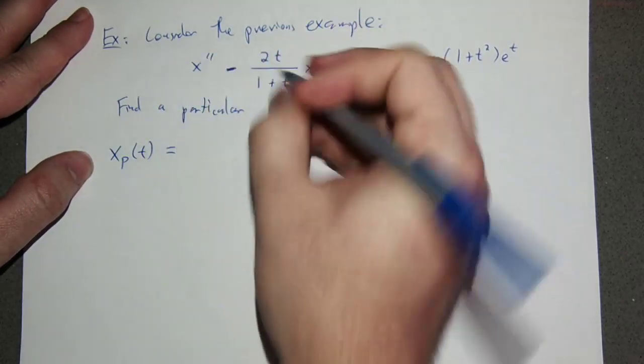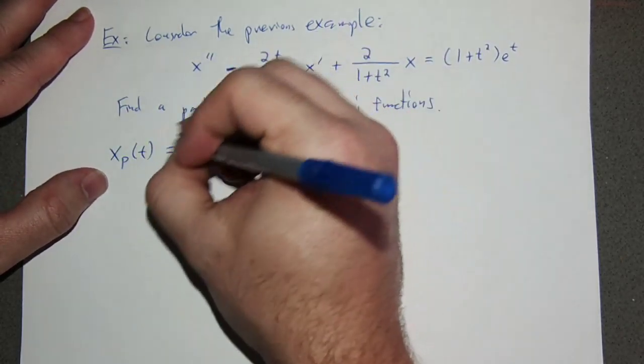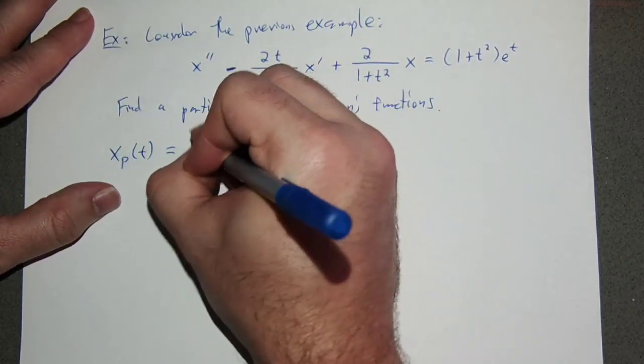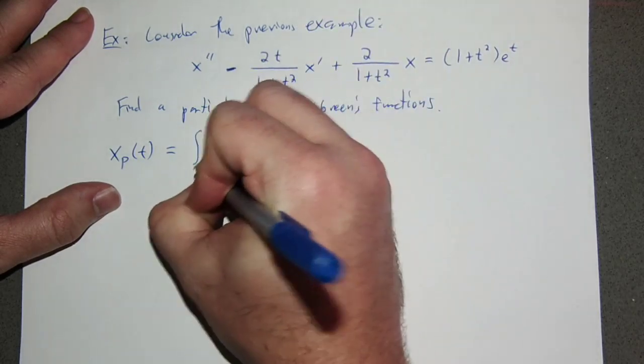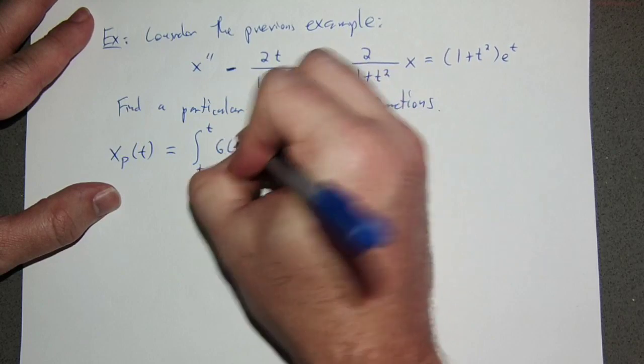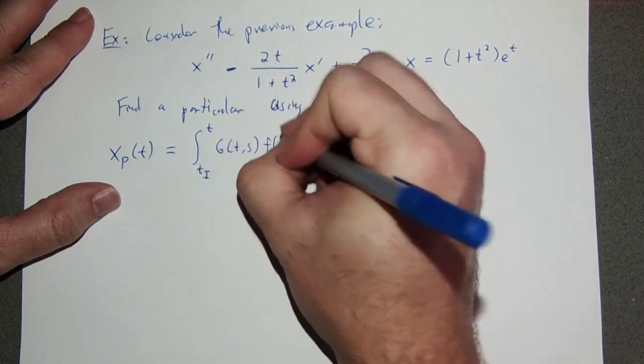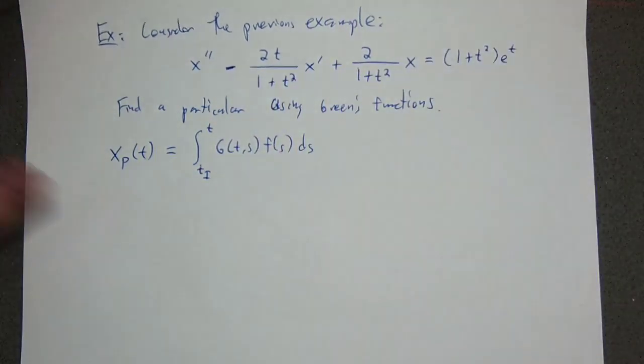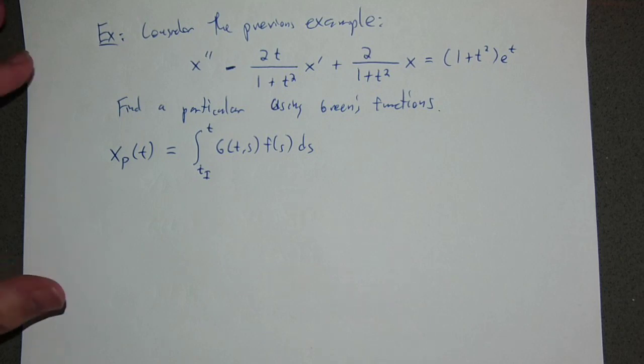Just copying directly from that, I seek a particular solution of the form an integral from some initial time to t of g of t,s times f of s ds. In order to see how this works out, obviously I have to compute this g.